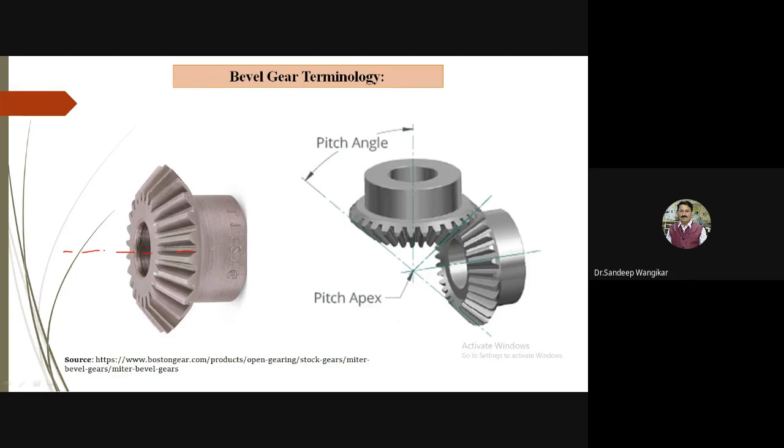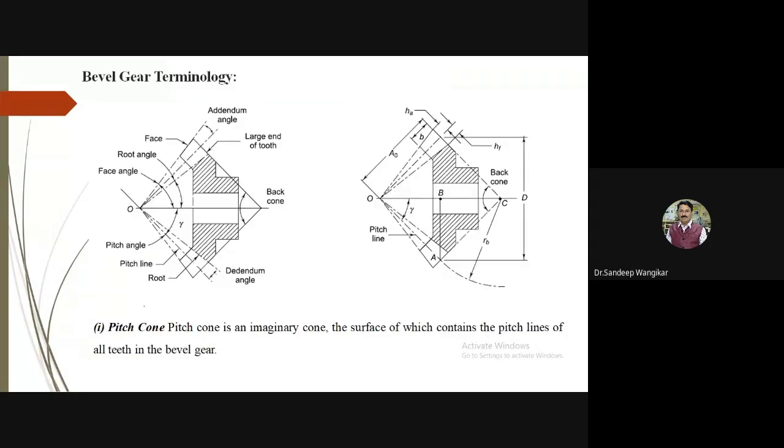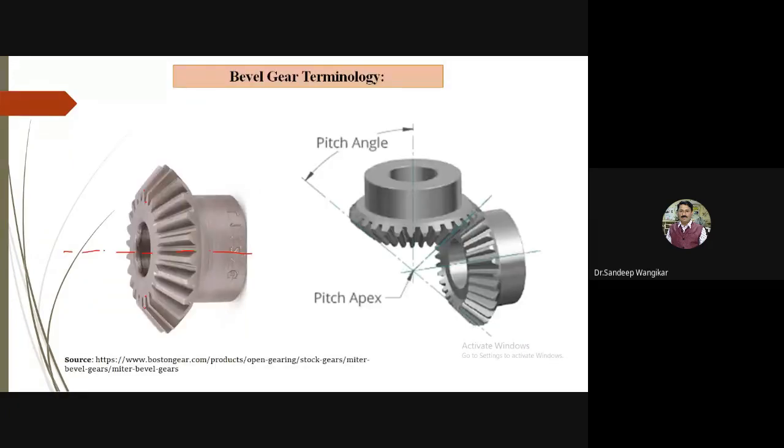This is the bottom or root side, and this is the top side. Center lines are drawn from this side to this side, so you can clearly observe the root and the face. I am giving insight by referring to the 3D figure.